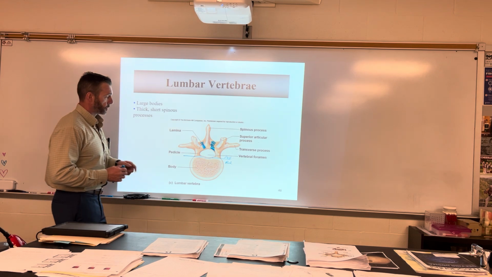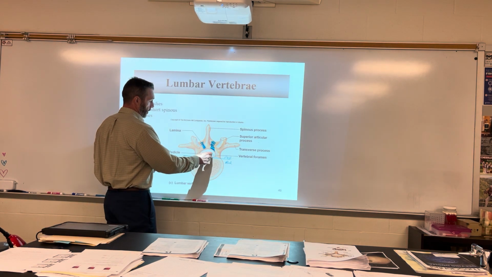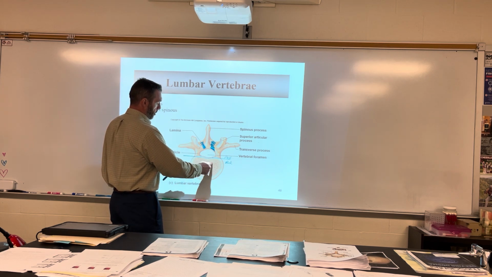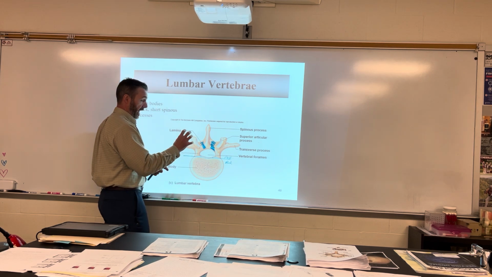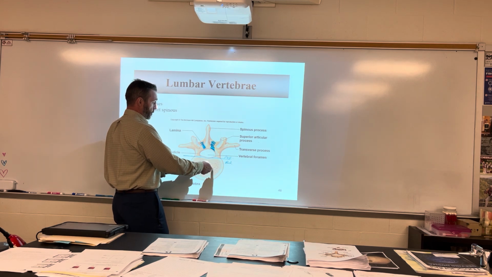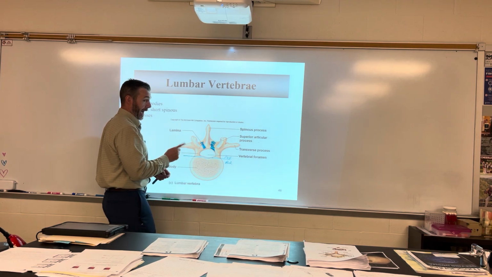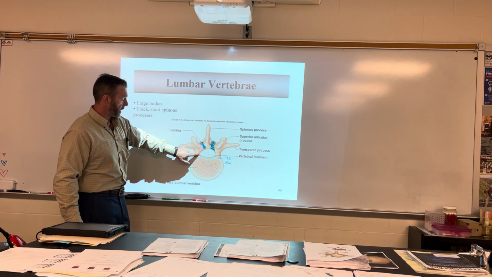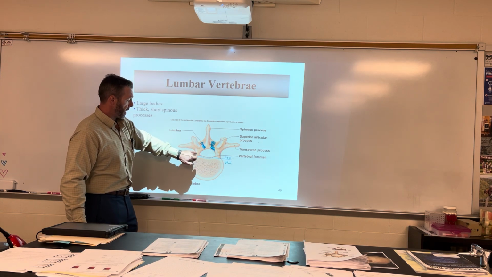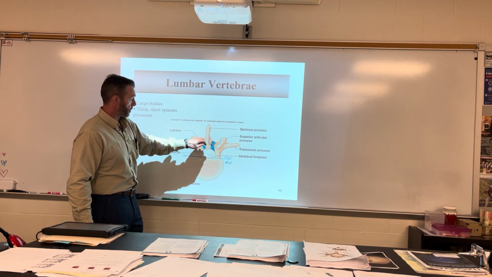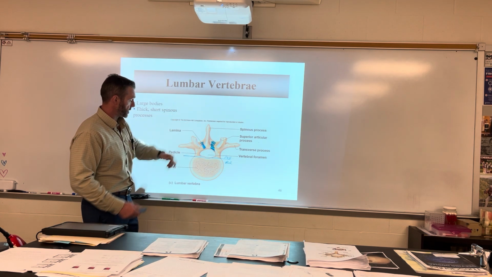Now, in embryological development, we get this thing called a notochord that ends up becoming the spinal cord. We get a bone nodule or scaffold that starts as the body and then wraps itself around and folds around the spinal cord and fuses in the back. There's a few growth plate or fusion sections, the pedicles to the body, the pedicles to the lamina, and then the lamina come around and fuse to form the spinous process.